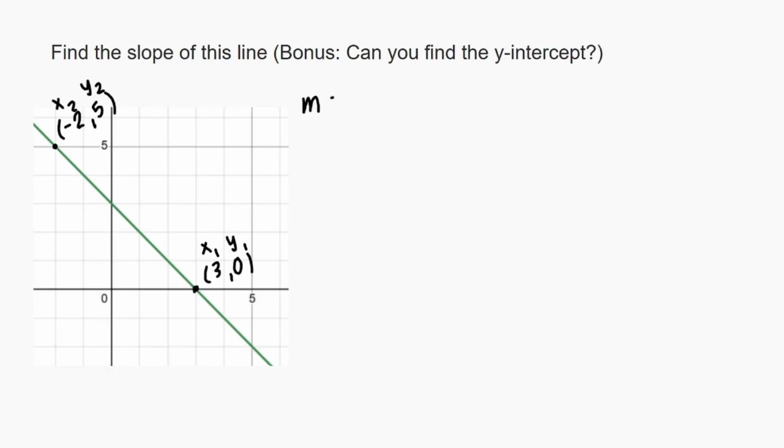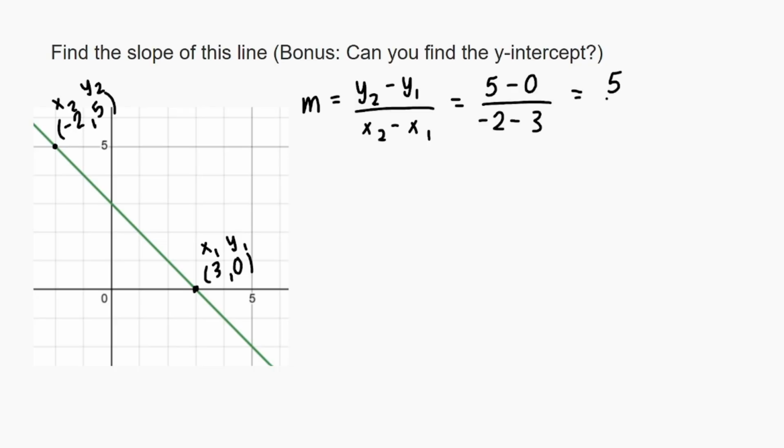So our slope formula is going to be y2 minus y1 divided by x2 minus x1. Where our y2 value is 5 and our y1 value is 0, divided by x2, which is negative 2, minus x1, which is going to be 3. So we have 5 divided by negative 5 equals negative 1. So our slope is negative 1.